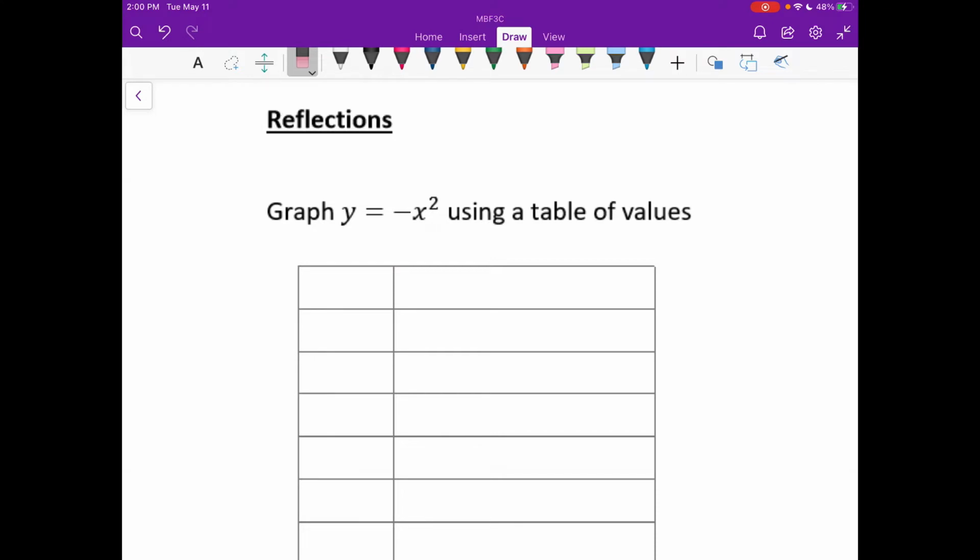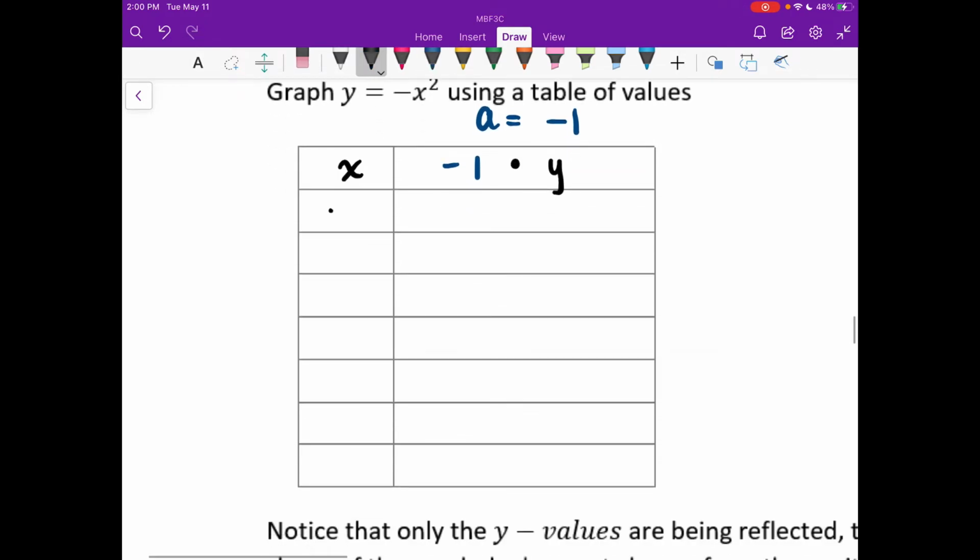So let's just go in. What you're going to do is, it's going to be the same thing. Now your a is equal to negative 1. So you're just going to multiply all your y values by negative 1. So we're going to keep our x's the same, and we're going to do negative 1 times our original y values. Right? So let's just go in, put in our values of x.